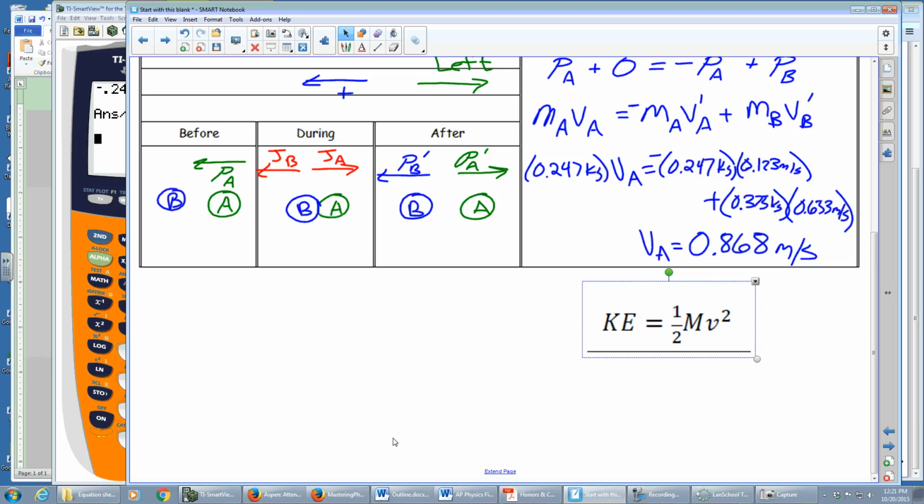And if we remember, change is always final minus initial, right? If you spend 20 bucks, you take how much you have left and subtract 20 from it. So the change in the kinetic energy here is going to be KE final minus KE initial.